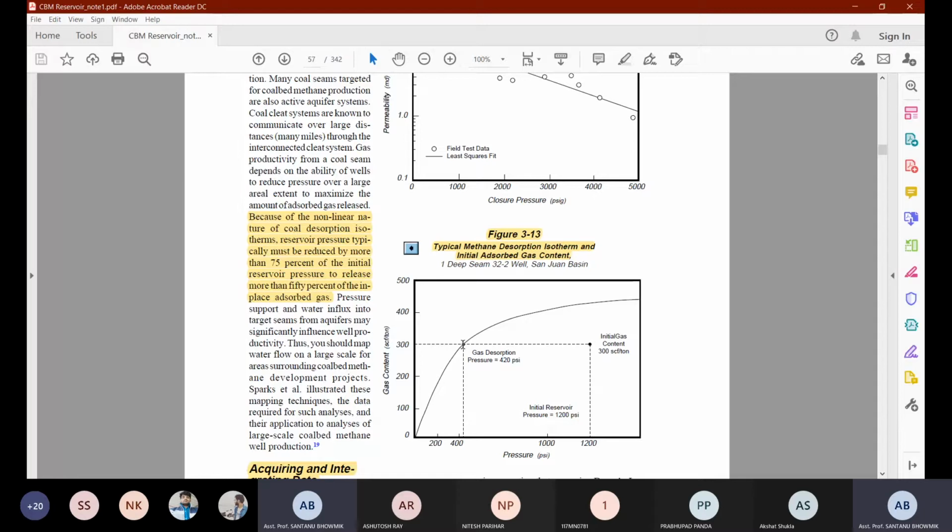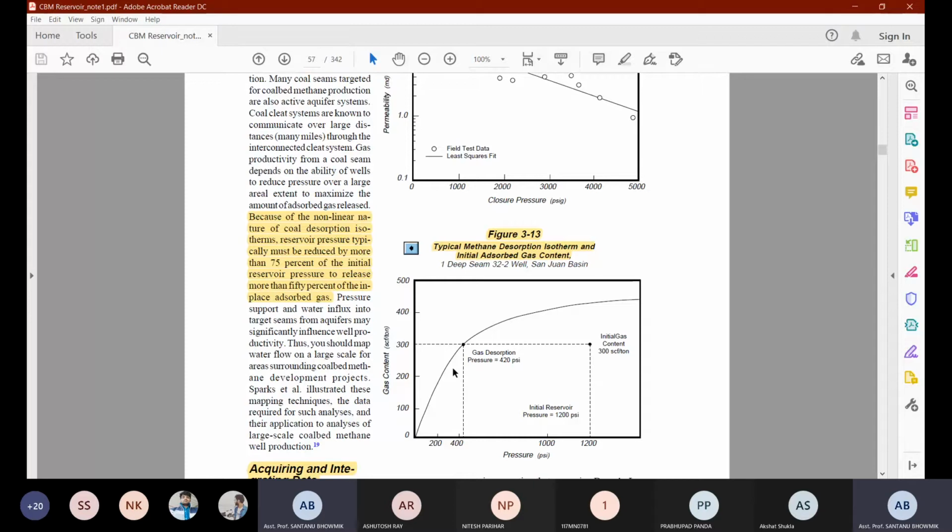Obviously in the initial stage the gases are coming out. As it is desorption, you have to start from this point; if it is adsorption, you can start from here.